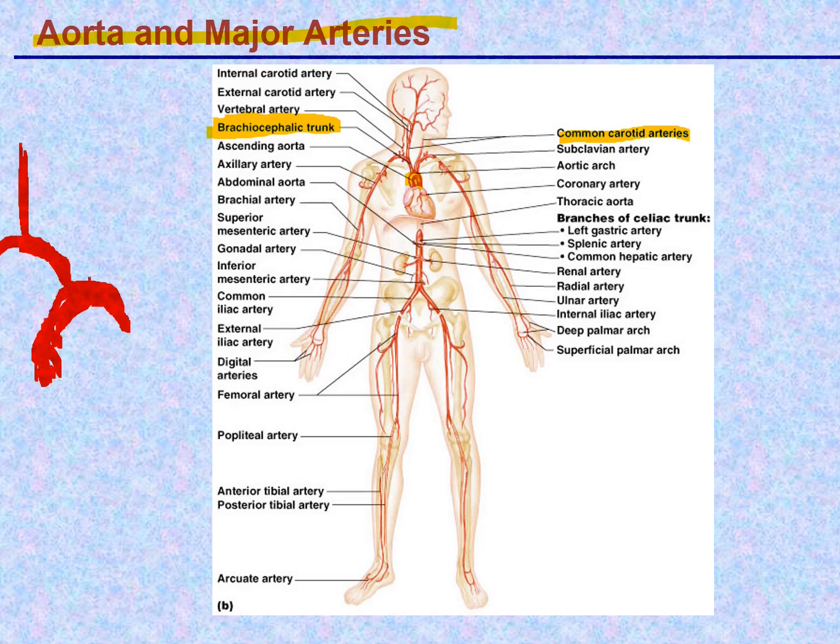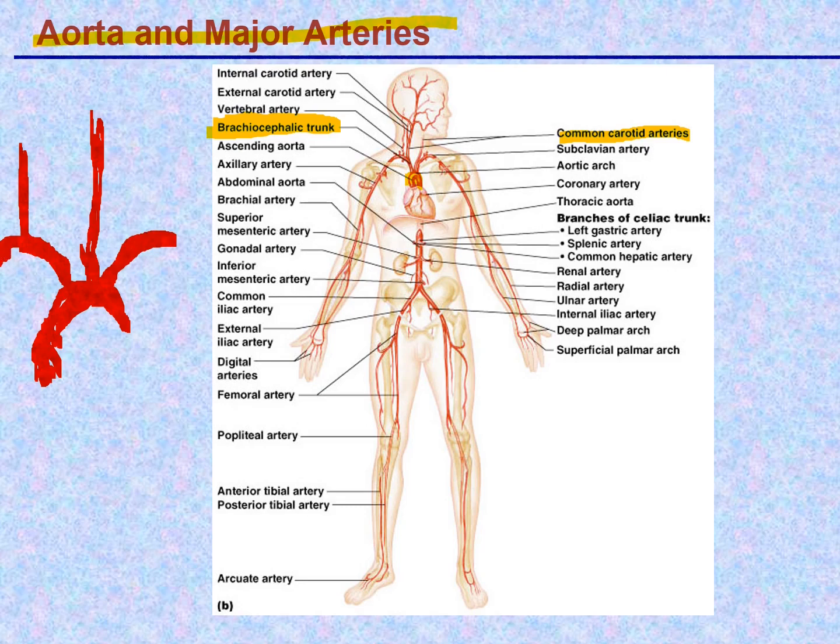And then the next branch going upwards is the left common carotid, and the third major branch is the left subclavian. Sorry, this is the right common carotid artery, this is the left common carotid artery, and this is the left subclavian. Okay, there's the right subclavian right there.